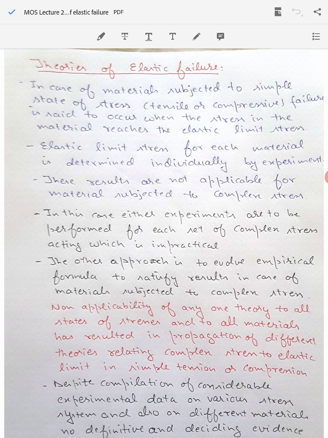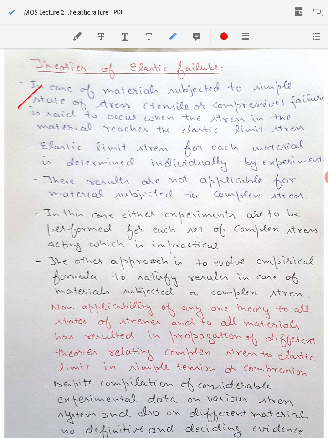So the criterion of failure, that a component has reached its elastic stress value, will not be applicable for these complex cases.